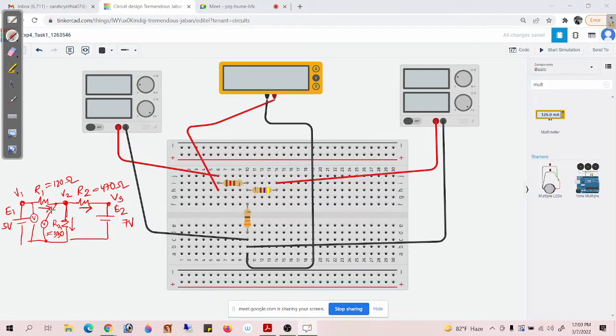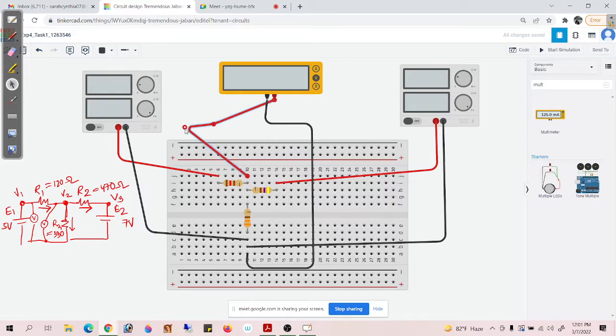The negative terminal is already grounded, so we only have to change the positive terminal connection. Where should we take this wire to? Port 10. Very good. This is the port where we are going to take the wire.